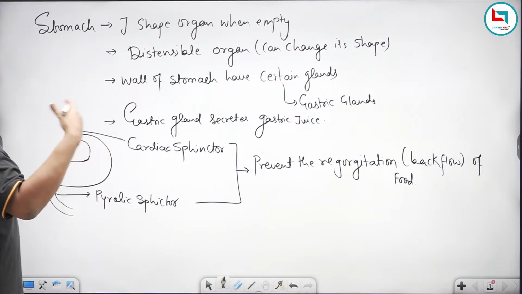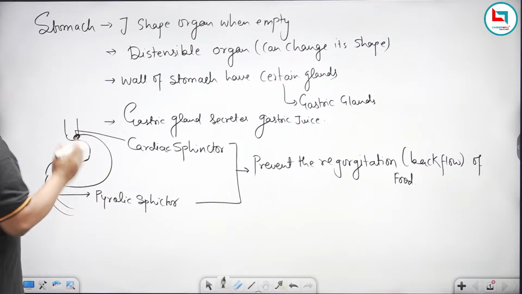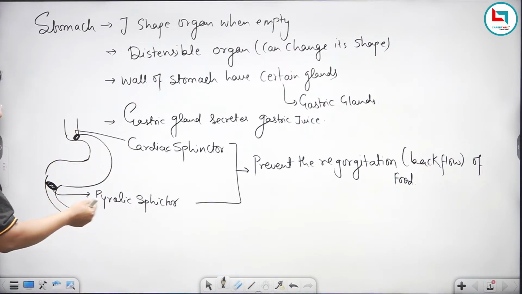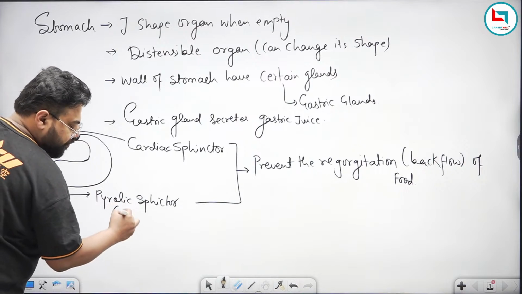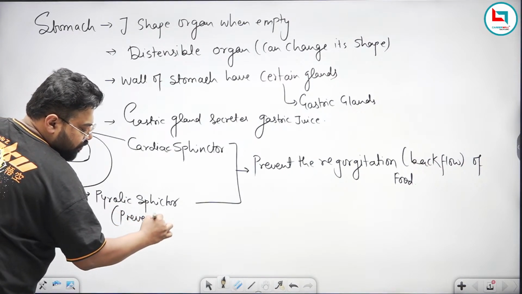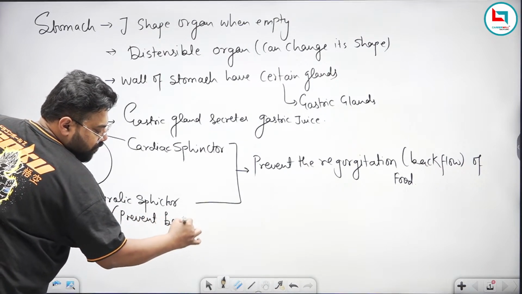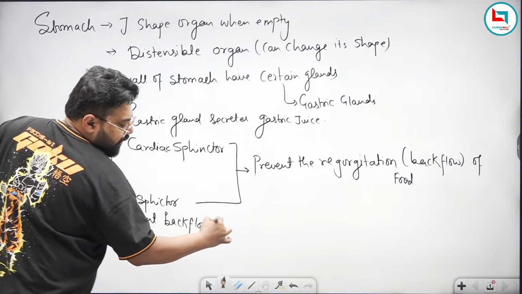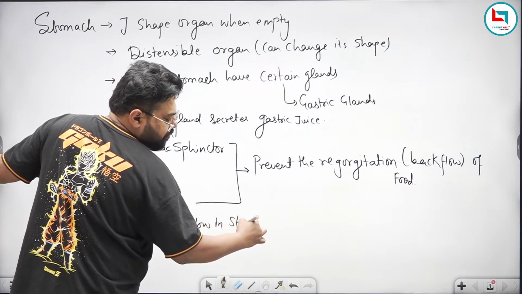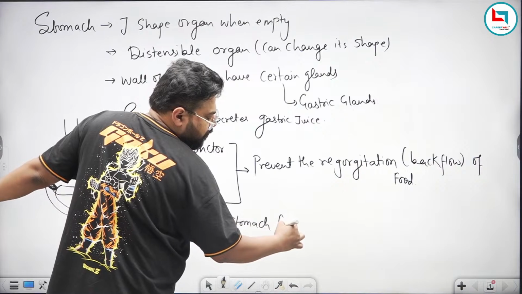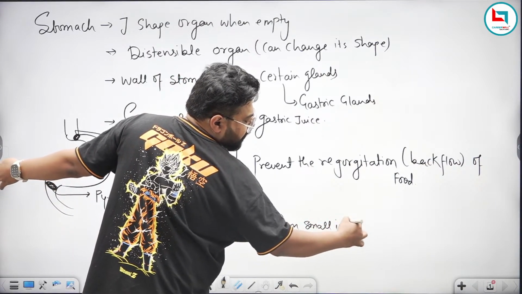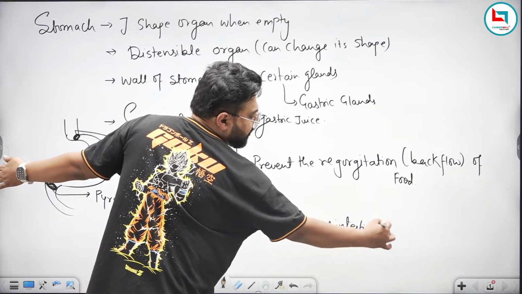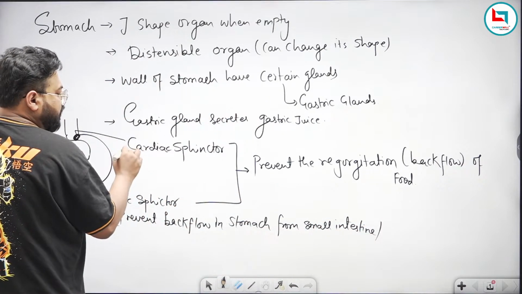So this cardiac sphincter prevents backflow of food from the stomach to the esophagus, while this pyloric sphincter prevents backflow into the stomach from the small intestine.